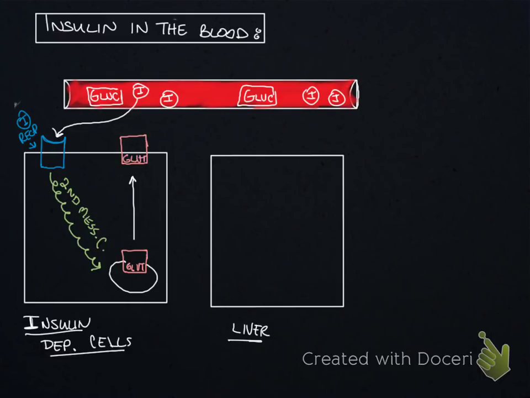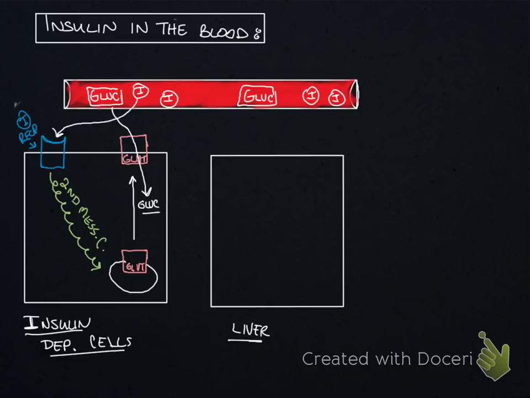And now we have this glut transporter. Remember, a glut is a glucose transporter on the cell membrane. And that's where we want it because we need it there so that we can move glucose down its concentration gradient into the cell. And now the cell is able to use glucose as a resource.